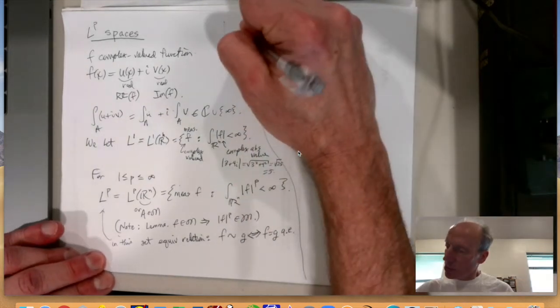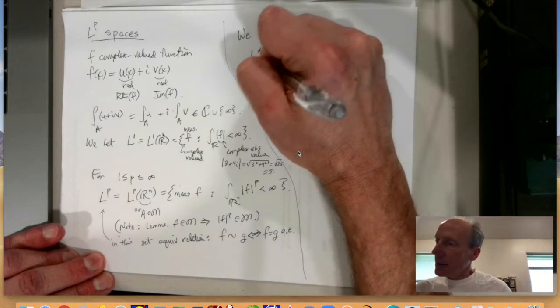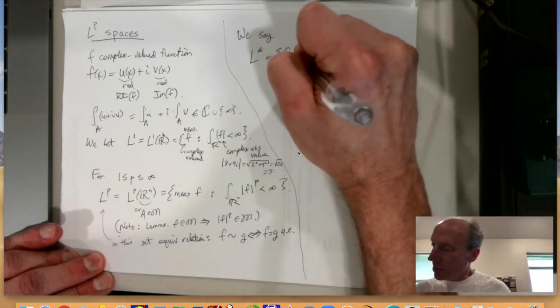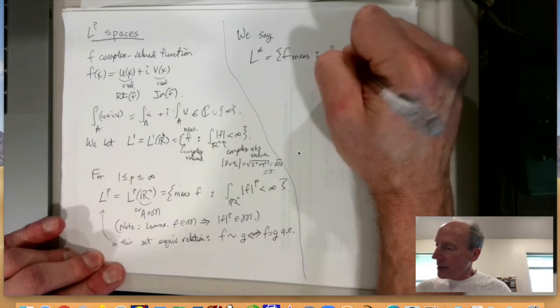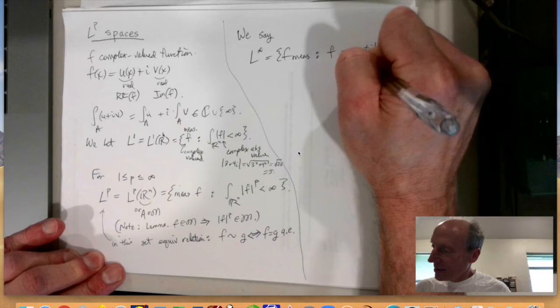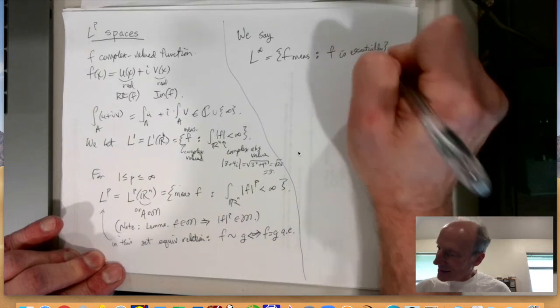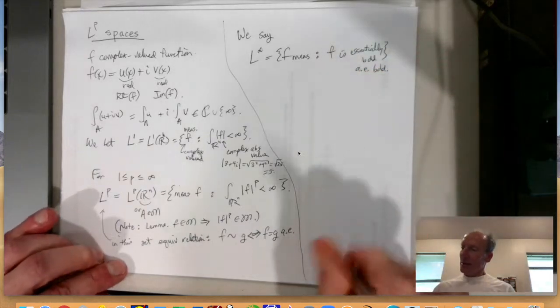And then also we say L infinity is the set of all measurable f such that f is essentially bounded. So it's kind of like almost everywhere bounded.